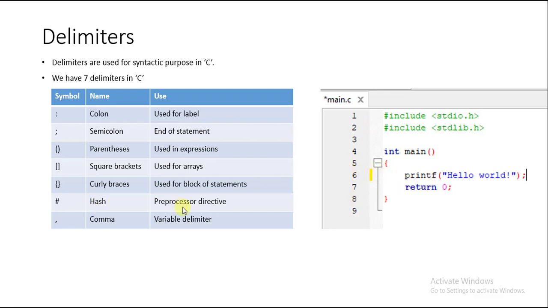And hash is used as a preprocessor directive, and here you can see while including header files we have used hash. Other than header file inclusion, hash has some other uses that we will discuss in another video. Comma we will use when we are declaring more than one variable of same data type, and this we will discuss later in this video only.